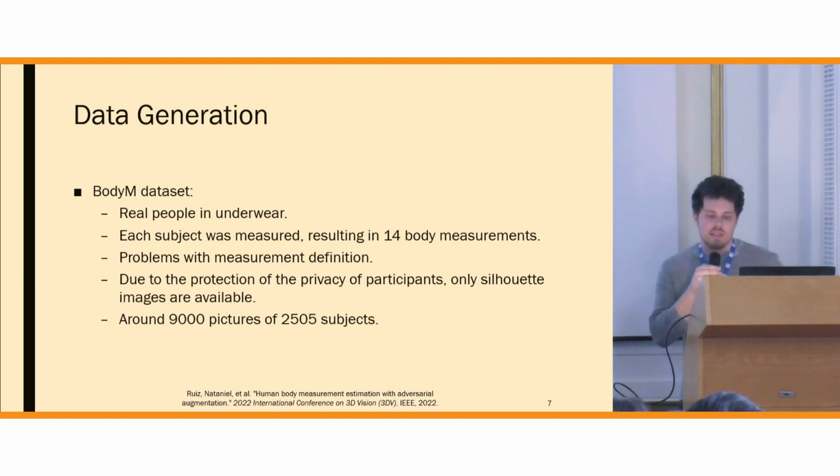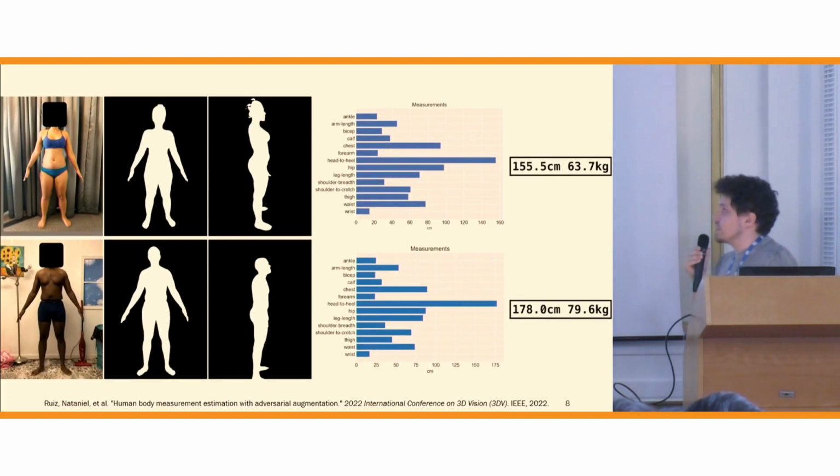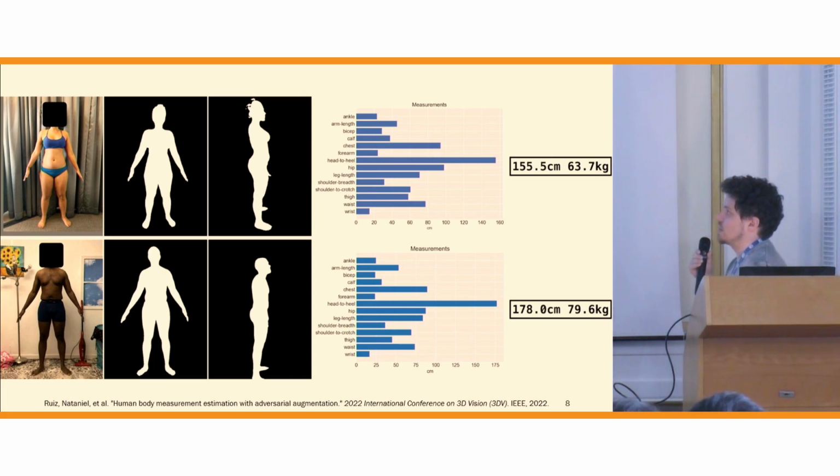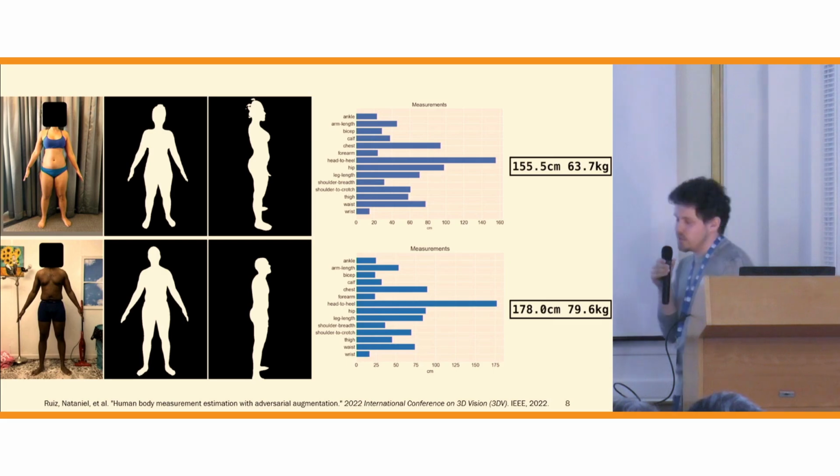The problem is that in the work, they do not define how precisely they took these measurements, so it's causing little inaccuracy. Here you can see an example of the dataset. On the left, you can see the real photos they captured. However, due to privacy protection of the participants, they only publish the silhouette ones you can see next to them.